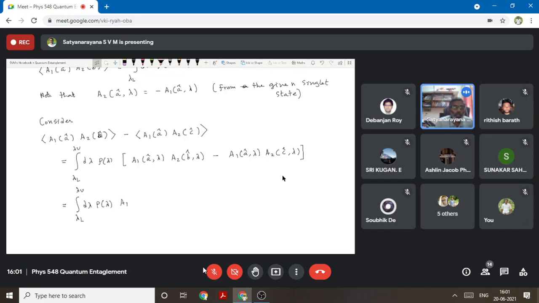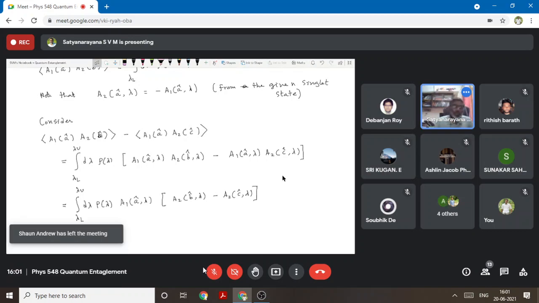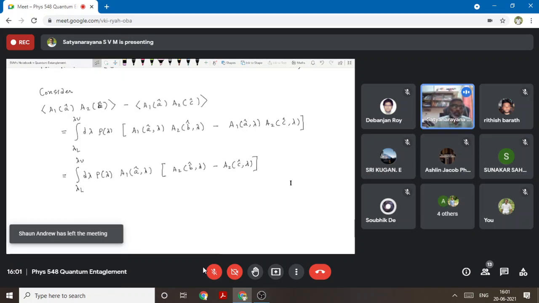A1 I can pull out because that is common between these two terms, into A2 of B of lambda minus A2 of C cap lambda. Every possible term is plus or minus 1.